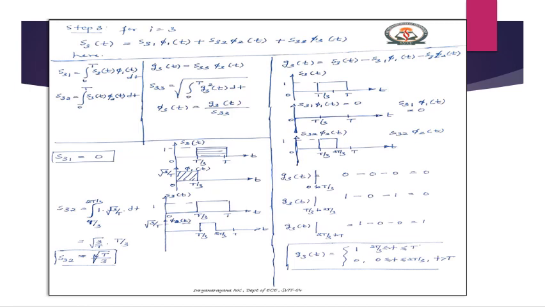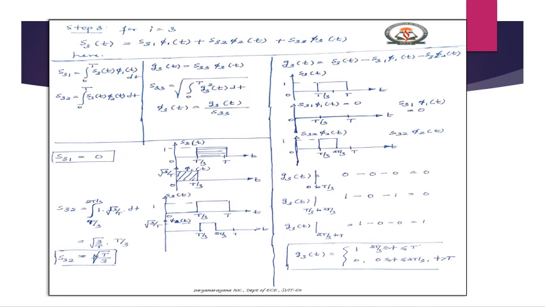So let us solve for S31, which is equal to the integration from 0 to T of s3 of t into phi1 of t into dt, and also S32 equals the integration from 0 to T of s3 of t into phi2 of t into dt. The value which can be found for S33 is given as, we know that g3 of t equals S33 into phi3 of t.